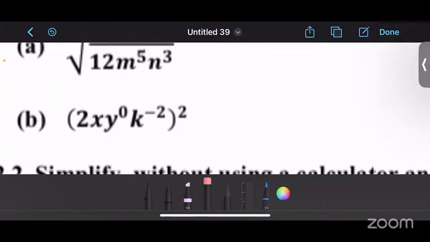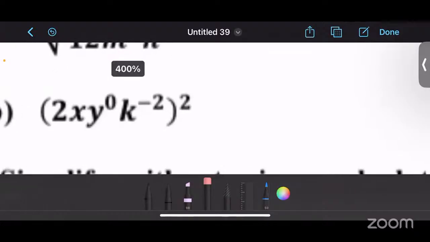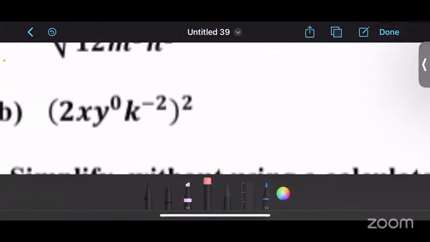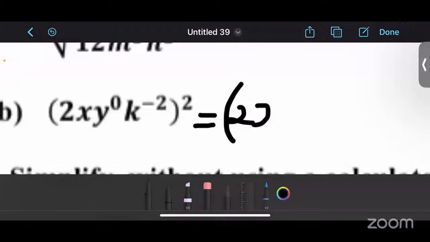Remember, everything to the power of 0 is equal to 1. So when I'm just looking at it, I can already see that I can simplify whatever is in the bracket. So 2xy to the power of 0 is 1.